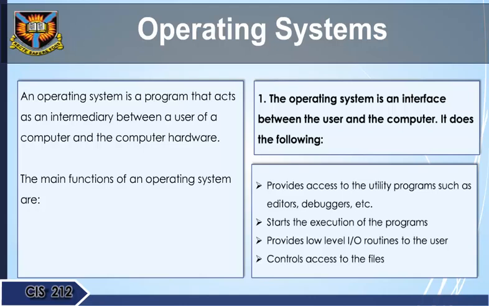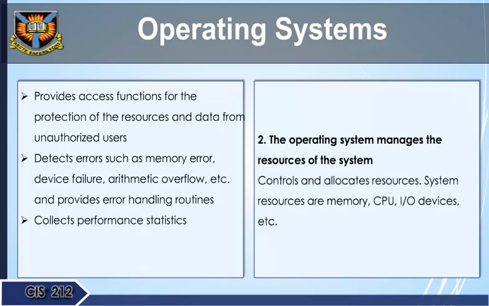It does the following: provides access to the utility programs such as editors, debuggers, etc. Starts the execution of the programs, provides low-level I/O routines to the user, controls access to the files, protects the resources and data from unauthorized users, detects errors such as memory error, device failure, arithmetic overflow, and so on, provides error handling routines, and collects performance statistics.